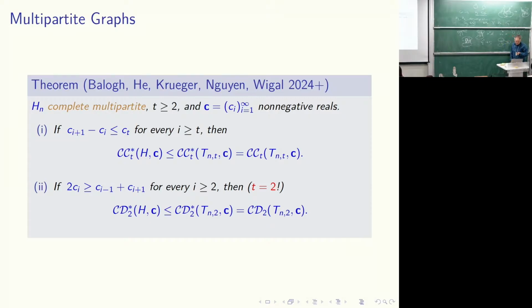And the other interesting thing is that again having the complete multipartite graph suggests that it's easy to prove that then the Turán graph among them is the optimal. So for the decomposition problem, we could not do it in general.